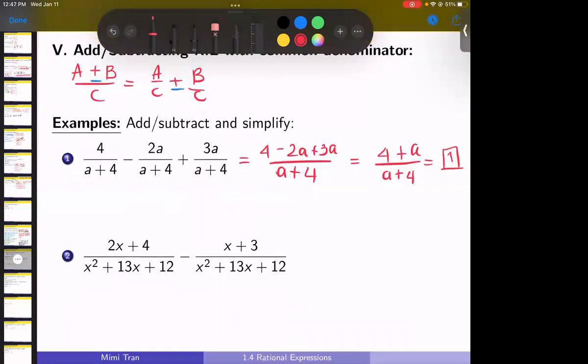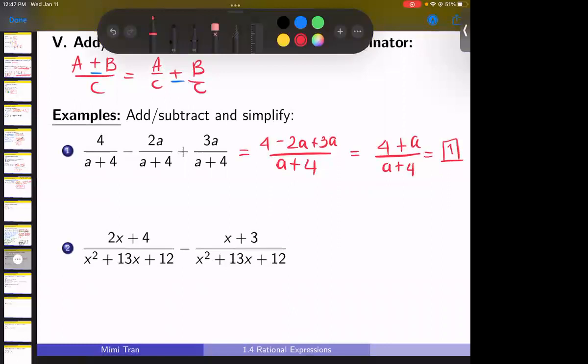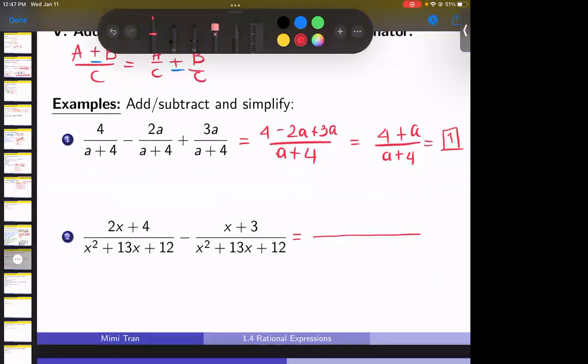Why don't you guys try number 2? Tell me what you got. I doubt we're gonna finish all of it today. Again, when you have the same denominator, I'll leave you the answer because you can do this on your own.